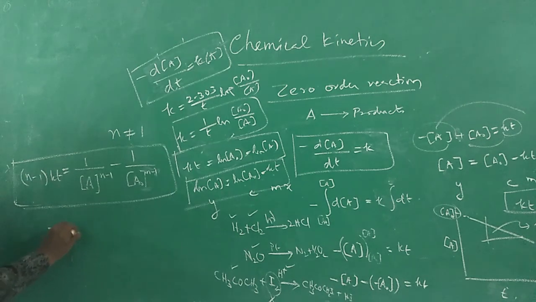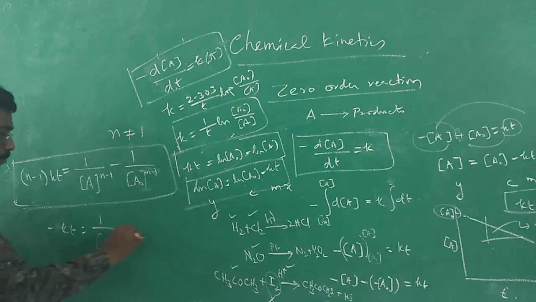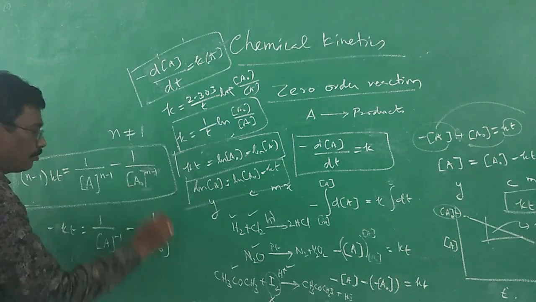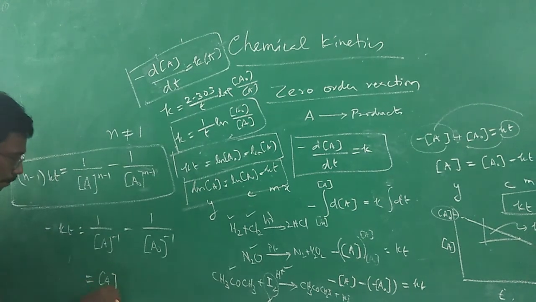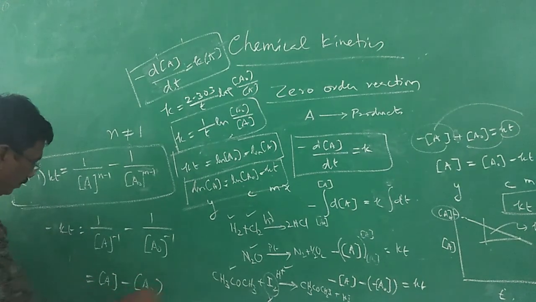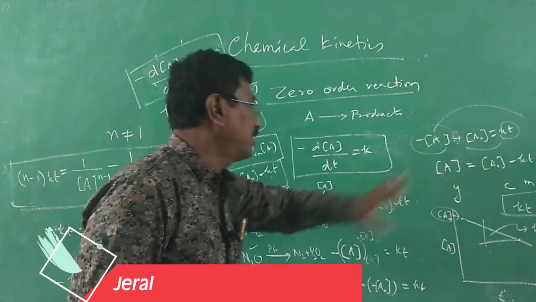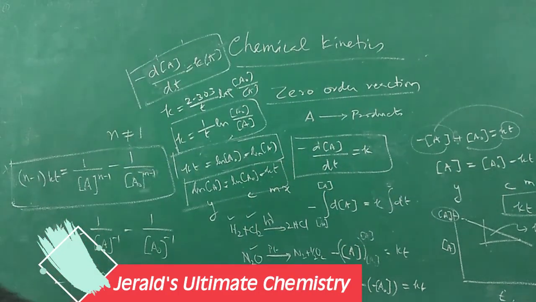Minus kt is equal to 1/[A]^(-1) minus 1/[A]0^(-1). When minus 1 goes to the numerator, plus 1, therefore [A] minus [A]0 is equal to minus kt. Whether we have got this expression here? Yes.